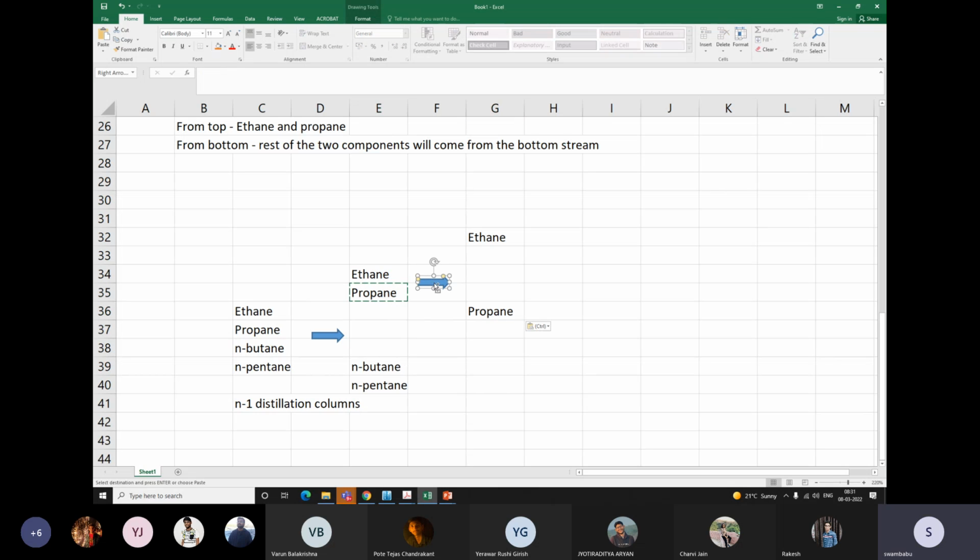Similarly, we need another distillation column to separate n-butane and pentane into individual components. So this way, first distillation column, second distillation column, third distillation column. Since we have 4 components, 4 minus 1, 3 distillation columns are required to purify them. So this is multi-component distillation.